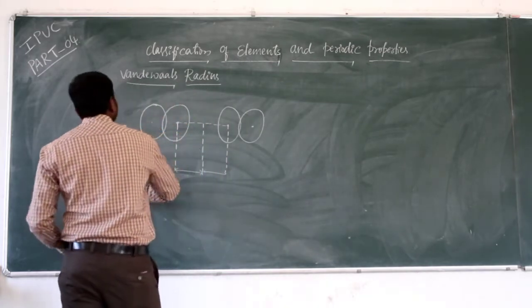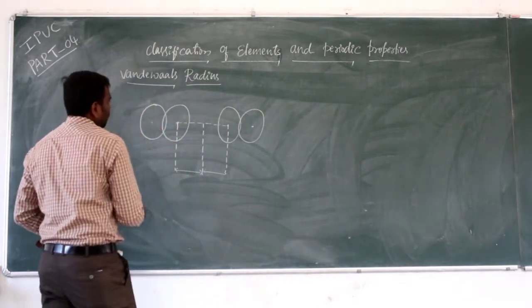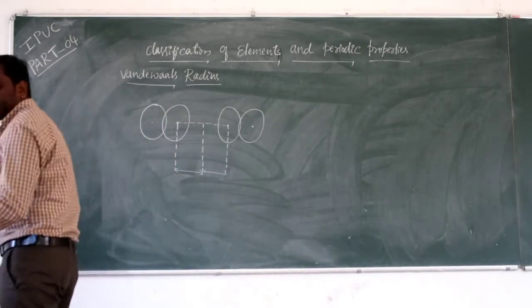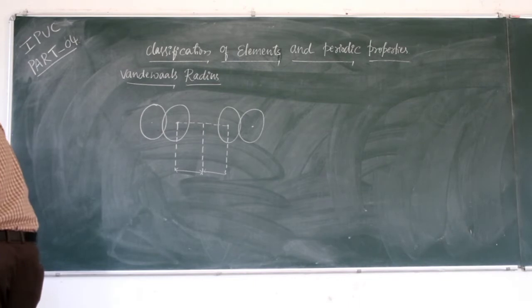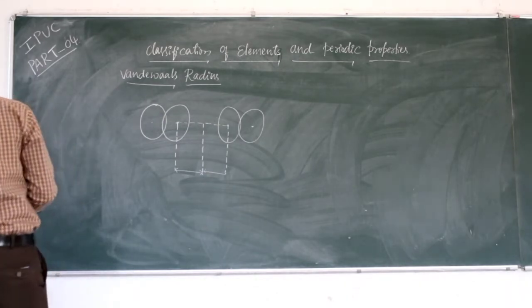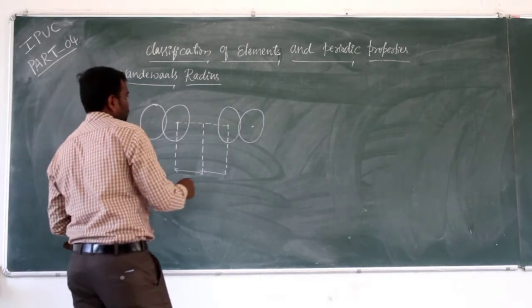This is the van der Waals radius. Right? See, van der Waals radius means the distance between the nuclei of two non-bonded adjacent atoms.